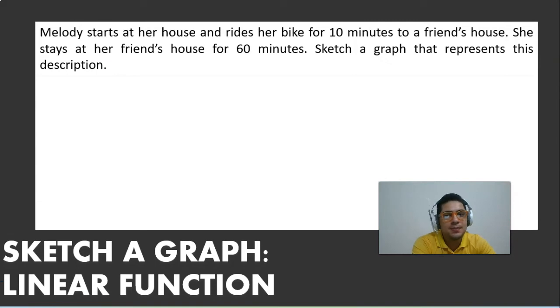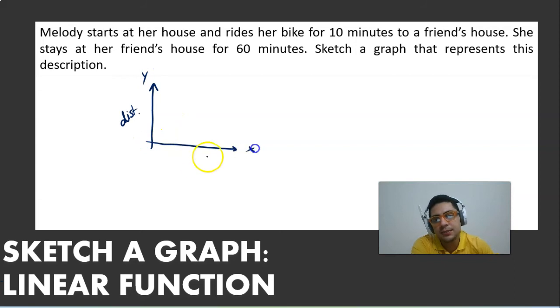The problem says Melody starts at her house and rides her bike for 10 minutes to a friend's house. She stays at her friend's house for 60 minutes. Sketch a graph that represents that description. Okay, so we're going to be taking a look at the distance that Melody is going to be moving over a period of time.